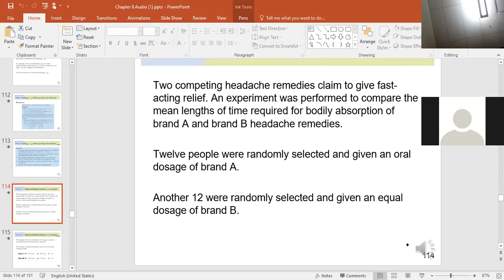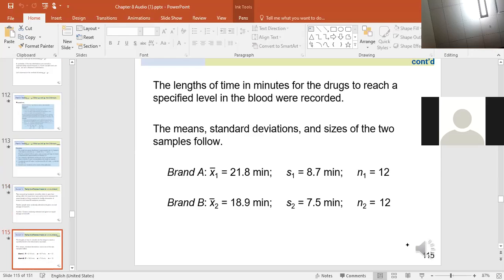An experiment was performed to compare the mean length of time required for bodily absorption of brand A and brand B headache remedies. 12 people were randomly selected and given an oral dosage of brand A. Another 12 were randomly selected and given an equal dosage of brand B. The length of time in minutes for the drugs to reach a specified level in the blood was recorded. The means, standard deviations and sizes of the two samples are as follows.